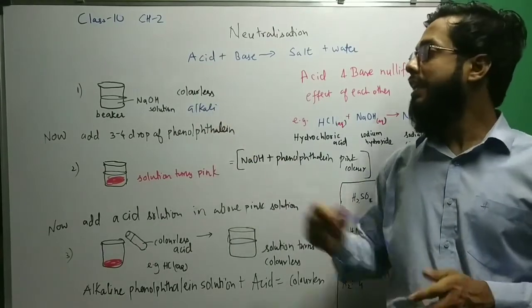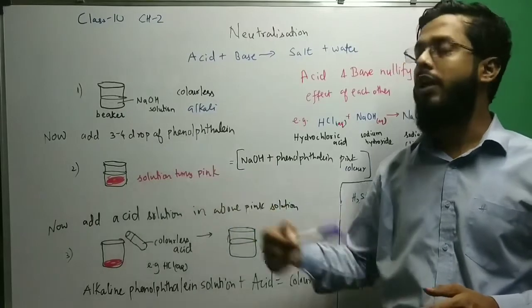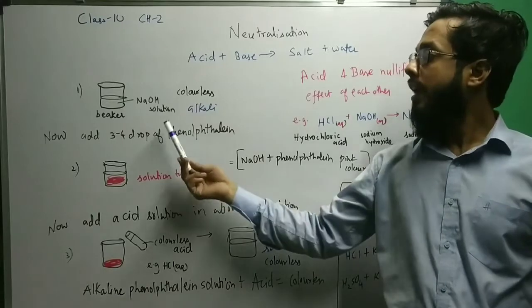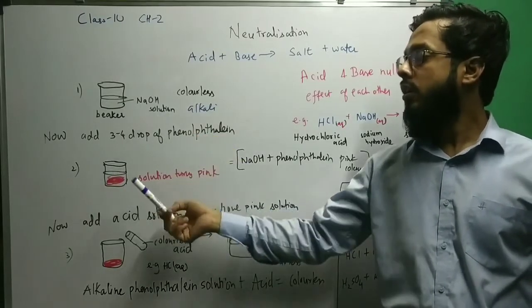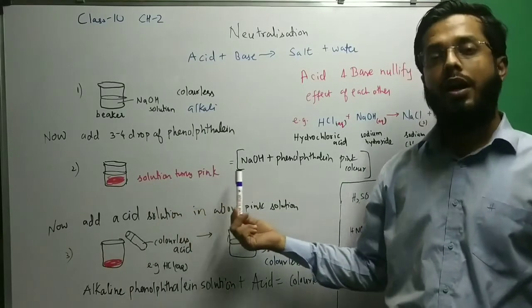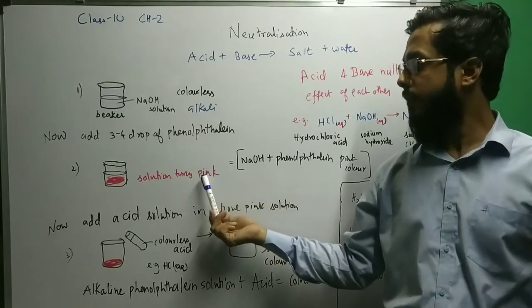Now NaOH is colorless. Now we have to add 3-4 drops of phenolphthalein solution. Phenolphthalein is an indicator. As you add 3-4 drops of phenolphthalein in NaOH, the color of the solution turns pink, because phenolphthalein changes its color to pink in alkaline solution.